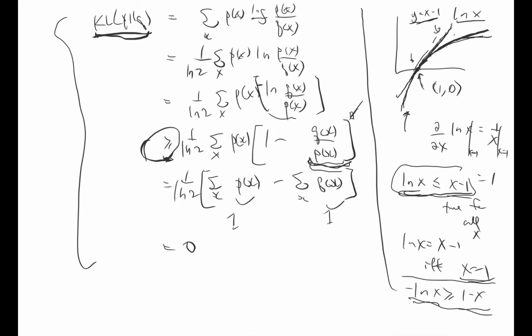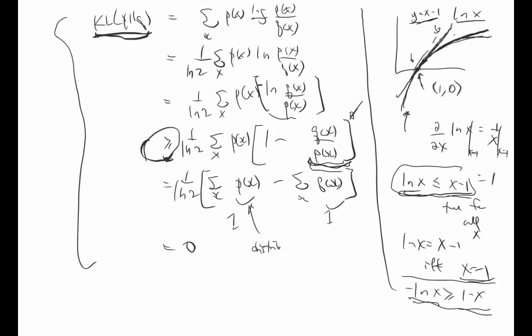When p and q are not equal to each other, would we get different summation results? No, they are always equal to 1, because both are distributions, so they all sum up to 1.